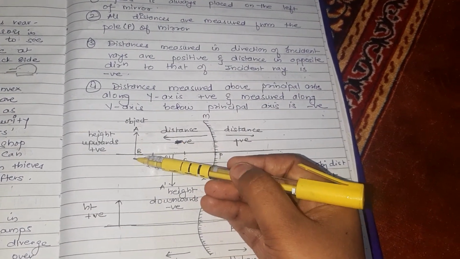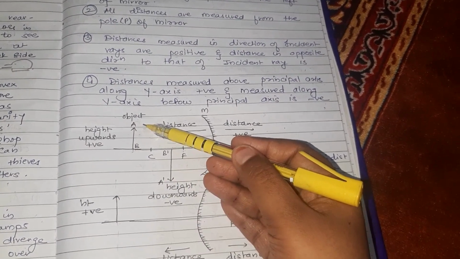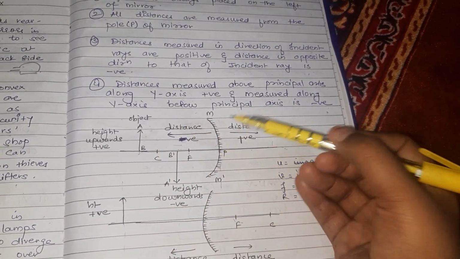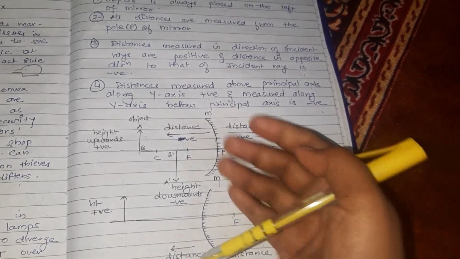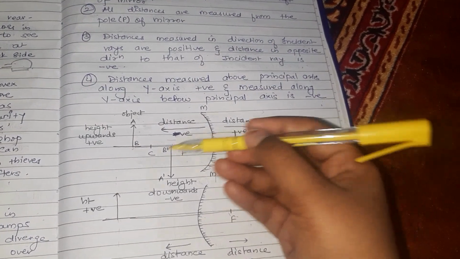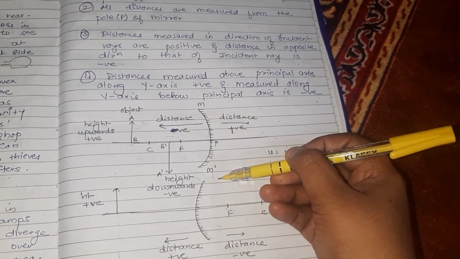For example, the object is always placed above the principal axis, so its height is always positive. If you calculate the distance of any particular thing below the principal axis, then it is taken as negative.